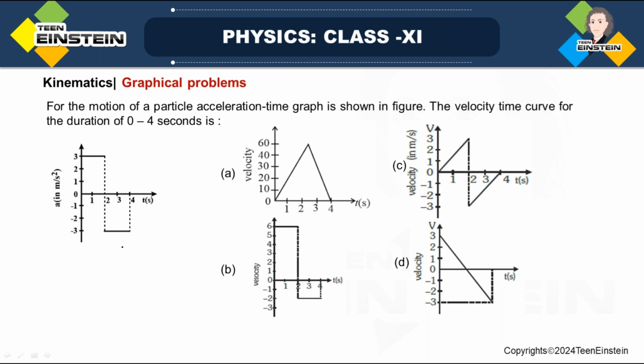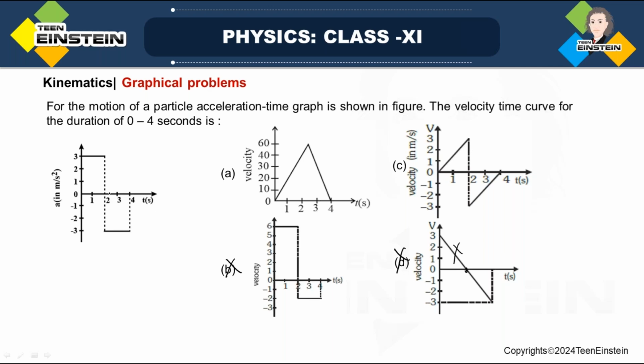But in this case, as I said, this is not true, this D is also not true, because up to 2 seconds it should increase, this is showing decrease. Now C we had discussed, C velocity suddenly cannot be 0 according to this graph.